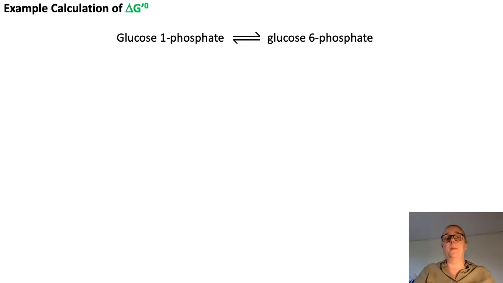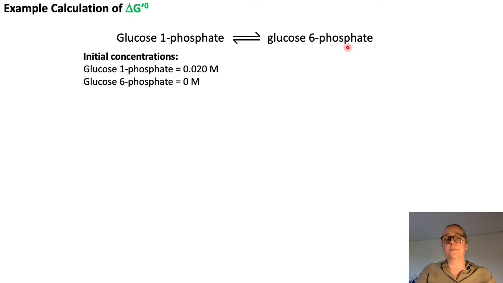If we take an example of a calculation, here we have glucose 1-phosphate in equilibrium with glucose 6-phosphate. The initial concentration of the reactant glucose 1-phosphate is 0.02 molar, and glucose 6-phosphate is 0 molar.